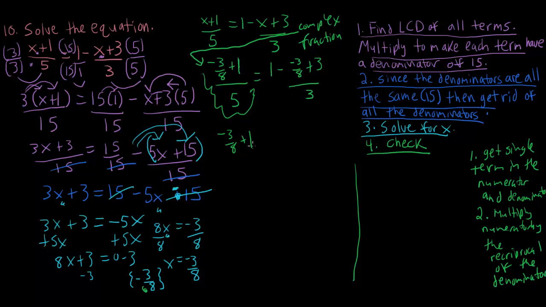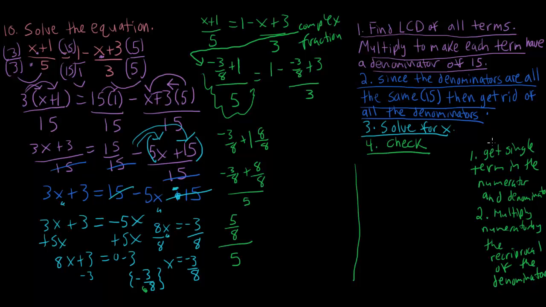So negative 3/8 plus 1, we need to get this to be one term. So to add these two, we need the LCD. So negative 3/8 plus 8 over 8, divided by 5. Negative 3/8 plus 8 is just 5 over 8 over 5.